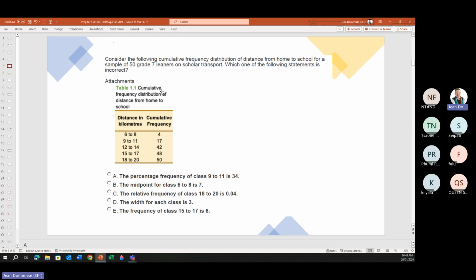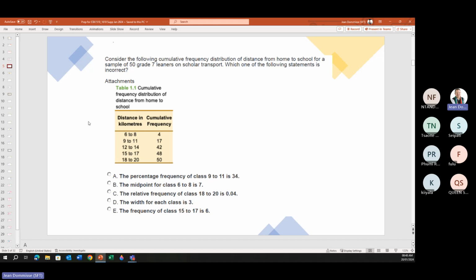And they sometimes combine questions from study unit 2 and study unit 3 together. So like a box plot or a stem and leaf, where they start asking you questions around the mean, median, and those kinds of things, or Q1, Q3. So it's basically a combination of the two.